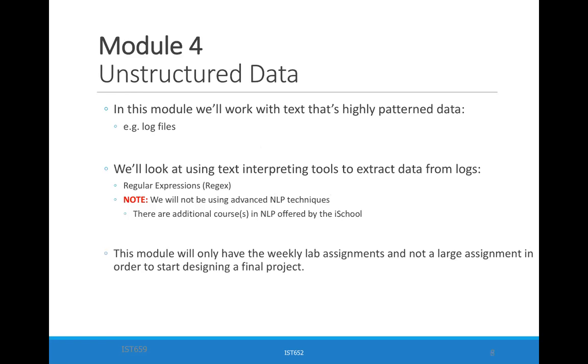NoSQL databases are great for particular types of data storage, specifically if you have a very flexible or variable data structure. For instance, clickstream capture. I mentioned this earlier during the Airbnb example. If you don't necessarily know all of the different things that you want to capture, it's much easier to store it in a NoSQL database.